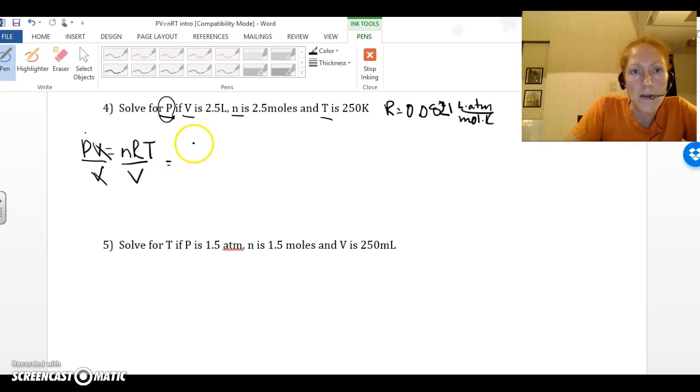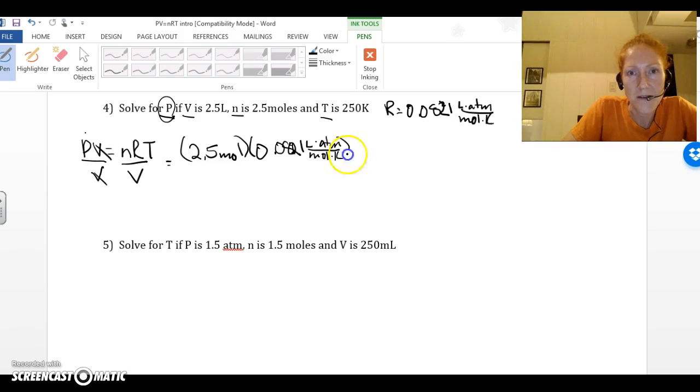So the n, that was 2.5 moles. The R is the gas constant, 0.0821 liters times atmospheres per mole Kelvin. The temperature is 250 Kelvin.